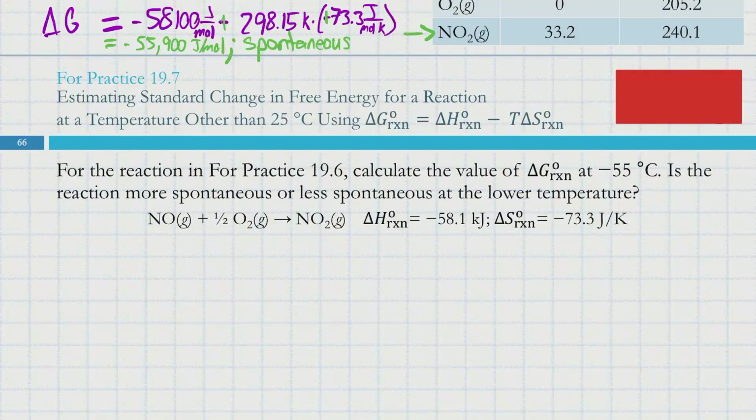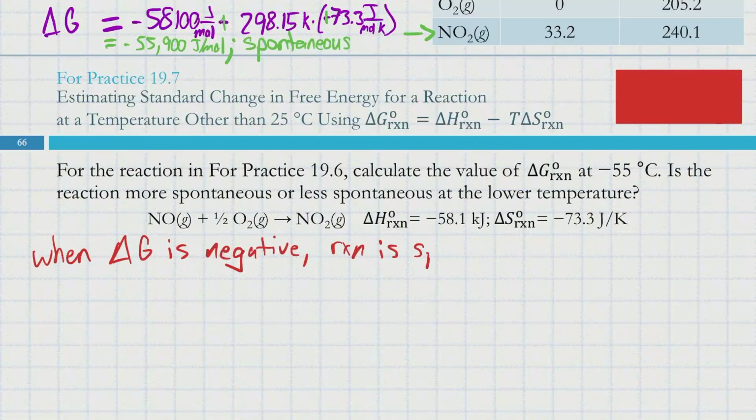All right, what's our condition for spontaneity? The reaction occurring by itself without outside energy input. What makes something spontaneous? Yeah, delta G being negative. When delta G is negative, the reaction is spontaneous.